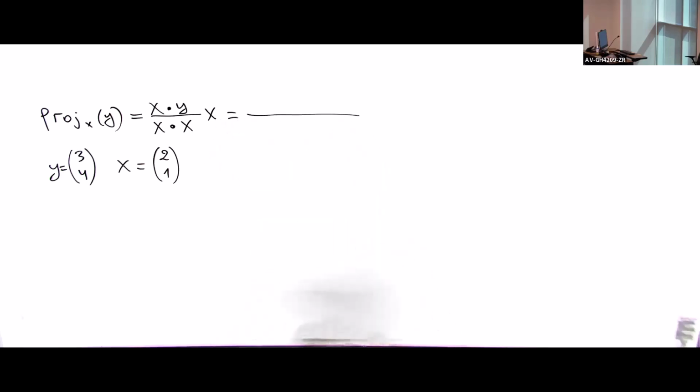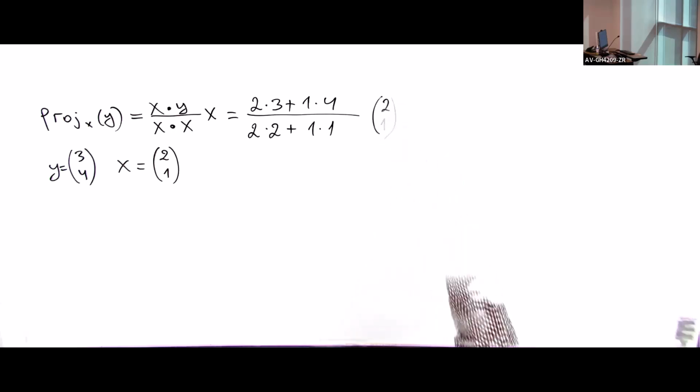First of all, x dot y will be 2 times 3 plus 1 times 4. And then x dot x will be 2 times 2 plus 1 times 1. And times vector x, which is 2, 1.